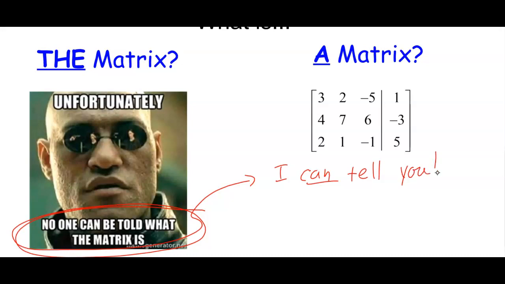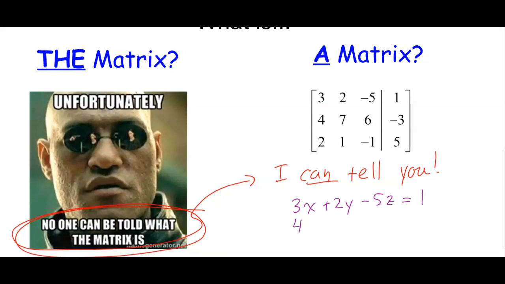So what a matrix is is a very simple thing. All it is is a summarized, abbreviated way of describing a system of equations. And in particular, this one here is a way of abbreviating this system of equations, where the first equation would be 3x plus 2y minus 5z equals 1.